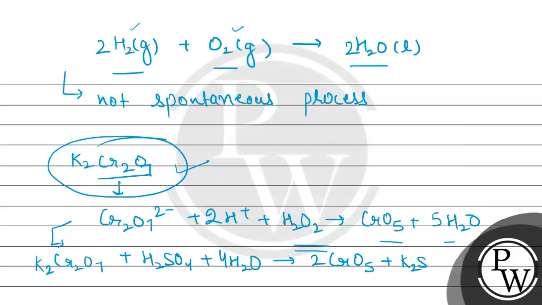Along with this, K2SO4 is formed and amount of the water is released. So ये हमारे पास correct reaction होगा, in which we can see जो H2SO4 है और K2Cr2O7 को जब mix किया जाता है, then the reaction proceeds and it will leads to the formation of the CrO5.